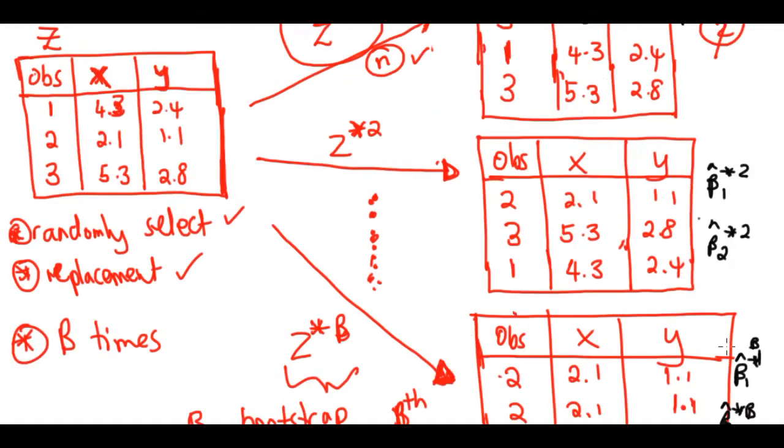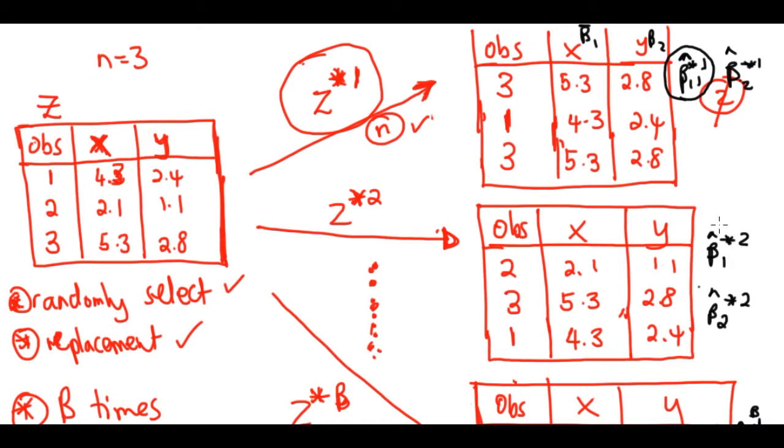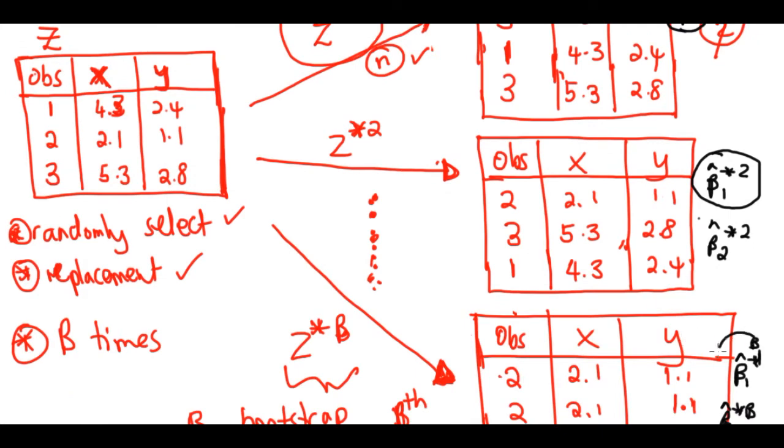So how many do we have? We have B beta 1 estimates from B bootstraps.